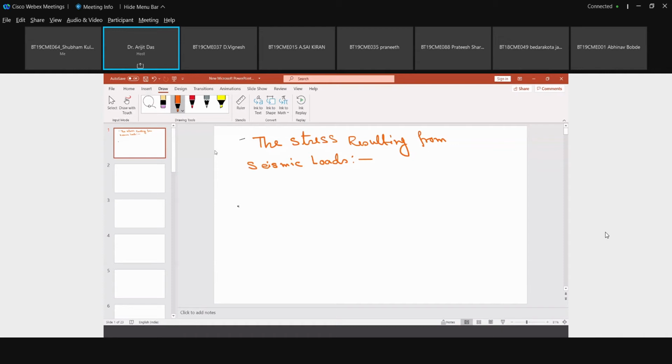Today we will see how to calculate or estimate the stresses induced in a tall self-supported vertical vessel due to the vibrational load or the seismic load.